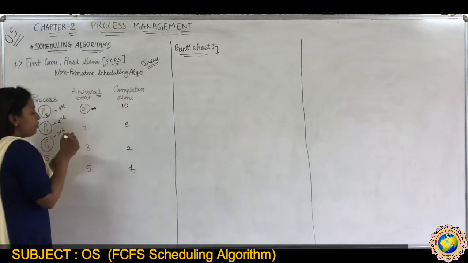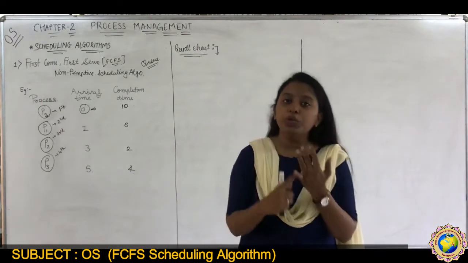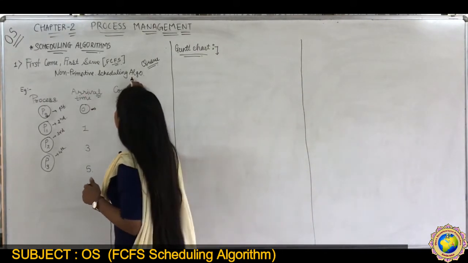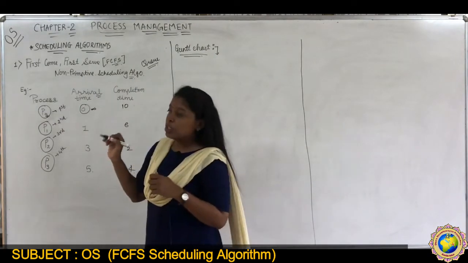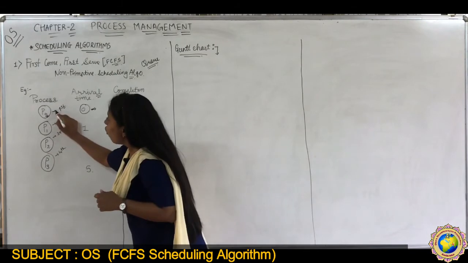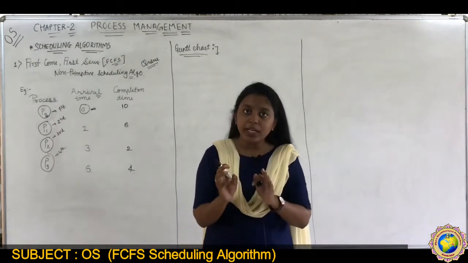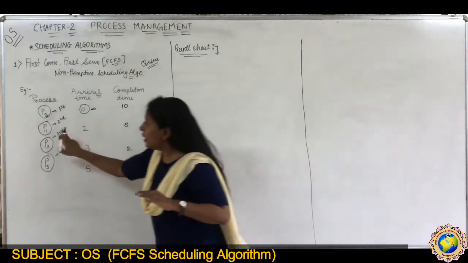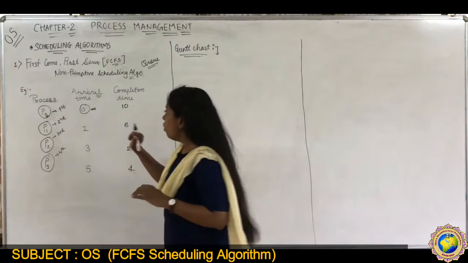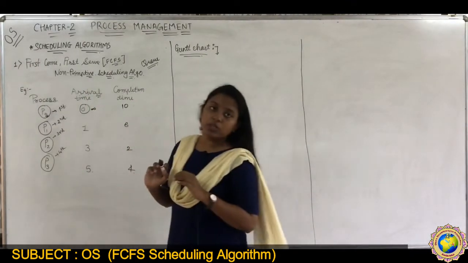We have already seen preemptive and non-preemptive scheduling algorithms. Non-preemptive means one process voluntarily comes out or terminates, and only then does the second process take place. That is called a non-preemptive scheduling algorithm.